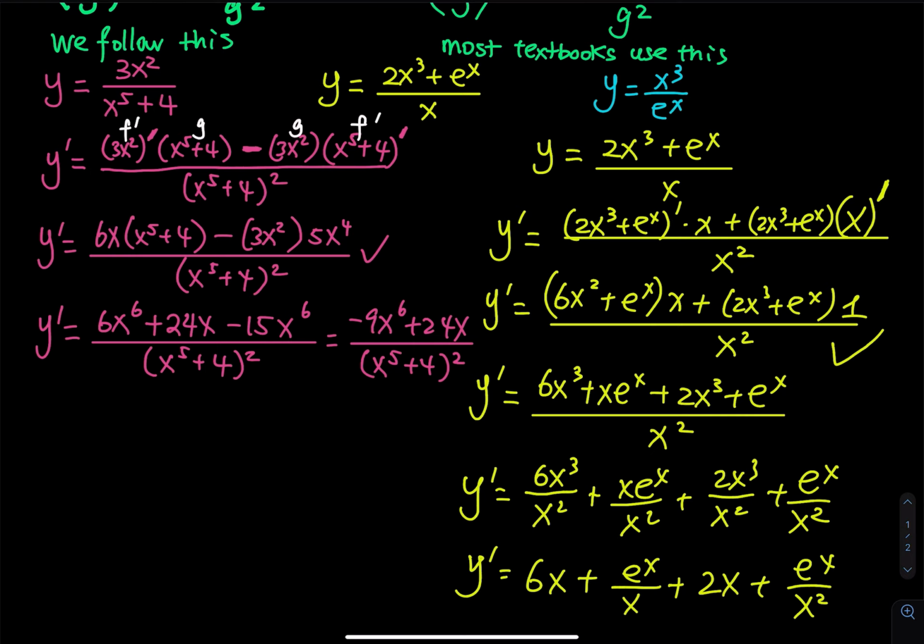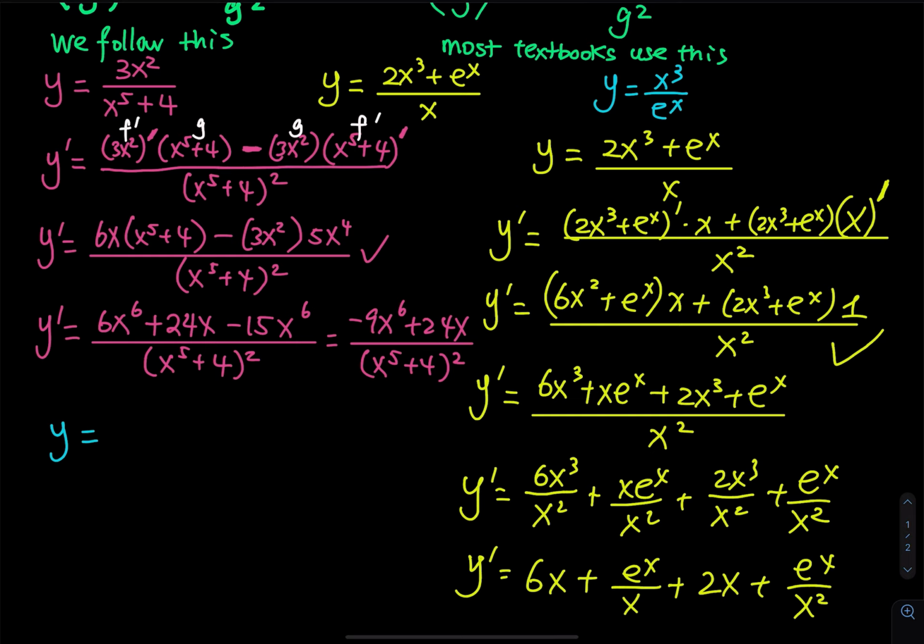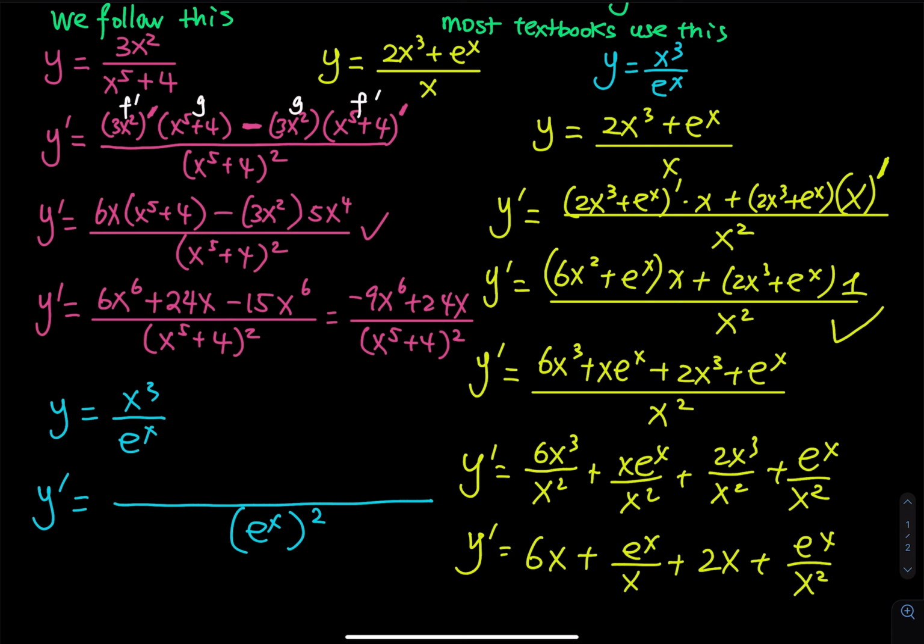All right, and then the last one, they have y equal to x to the third divided by e to the x, and then y prime. First of all, I square the denominator, that is e to the x, squared, and then f prime g, so the derivative of x to the third times e to the x, minus.